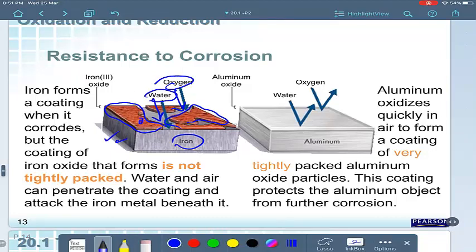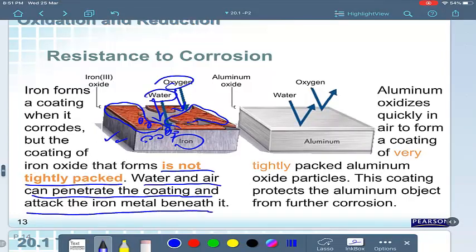Because the atoms are not tightly packed together. So some of the oxygen and water can penetrate the atoms of iron and cause corrosion. Water and air can penetrate the coating and attack the iron metal beneath it.